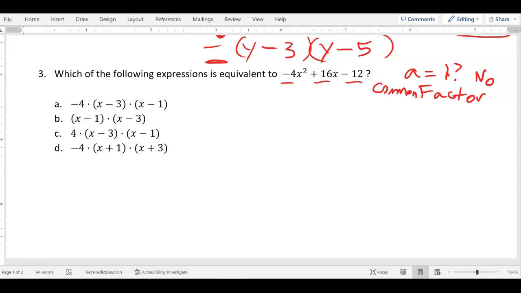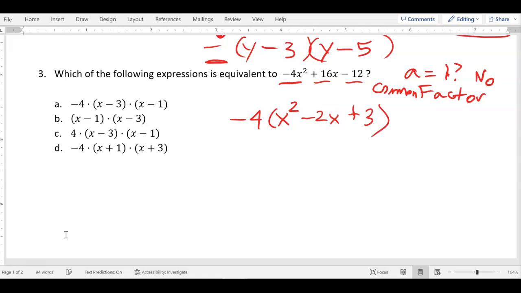Well, the common factor that goes into all three of these is negative 4. So I'm going to divide this by negative 4. It's going to give me x squared, because negative 4 divided by negative 4 cancels out. 16 divided by negative 4 is negative 4x. And then negative 12 divided by negative 4 is a positive 3. You can get all these numbers by dividing in your calculator.